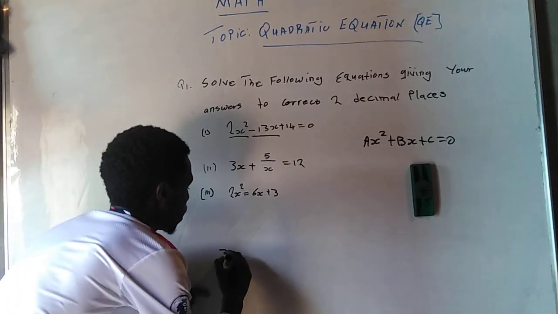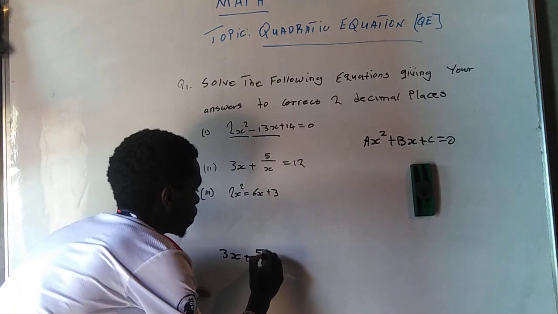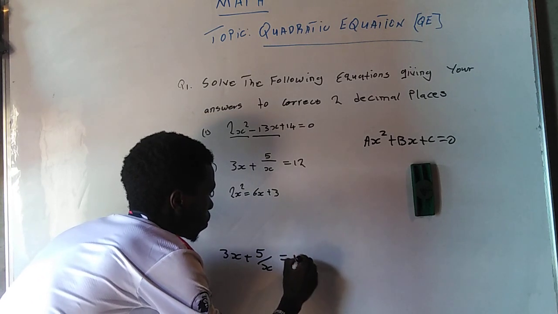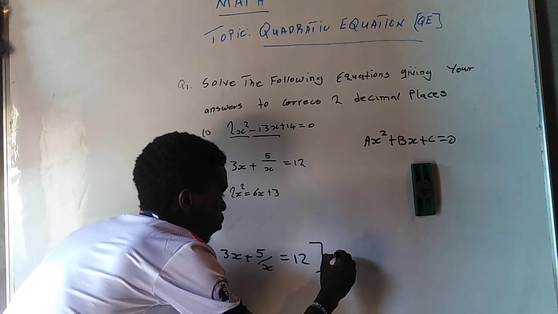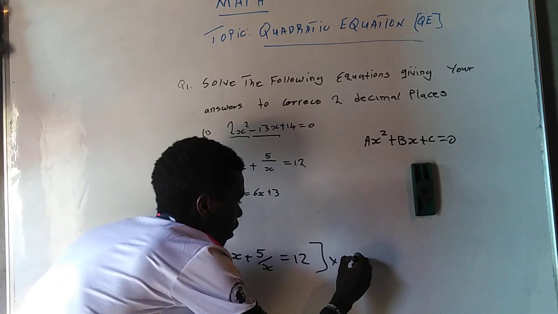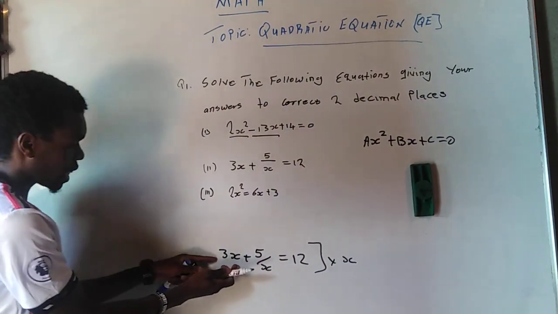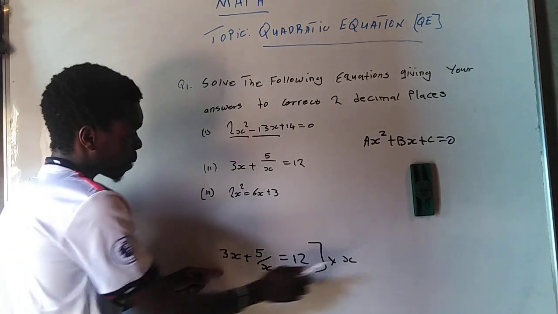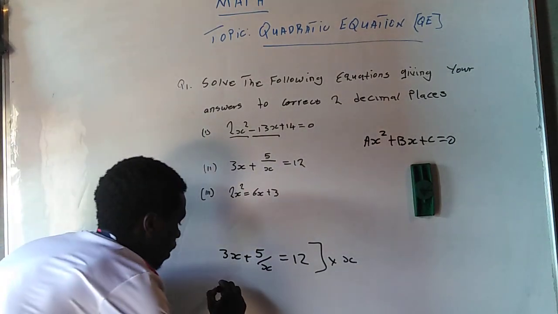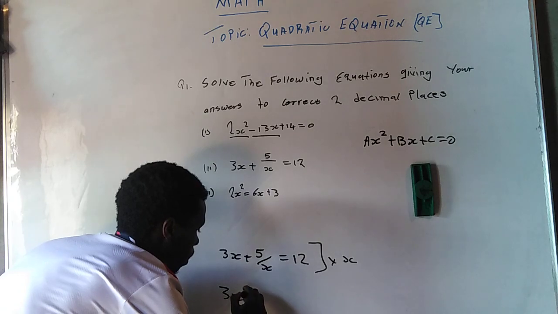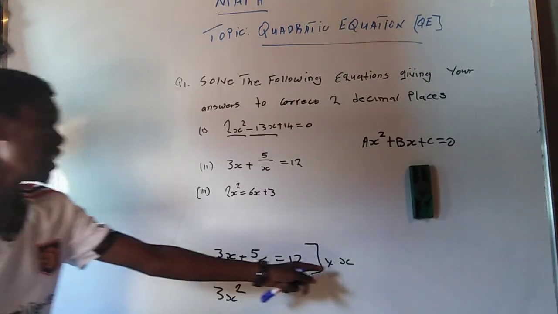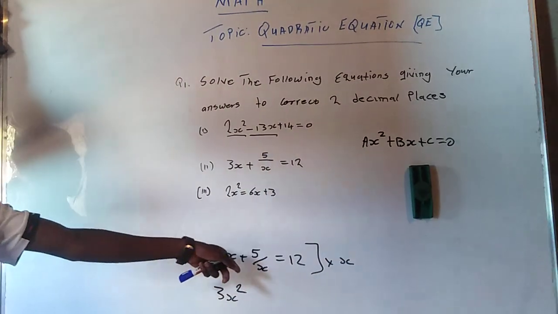If you multiply both sides by x, you're going to come up with 3x plus 5 over x is equal to 12. I'm going to multiply both sides by x, such that 3x times x gives 3x squared. This x is going to multiply everything from this side.